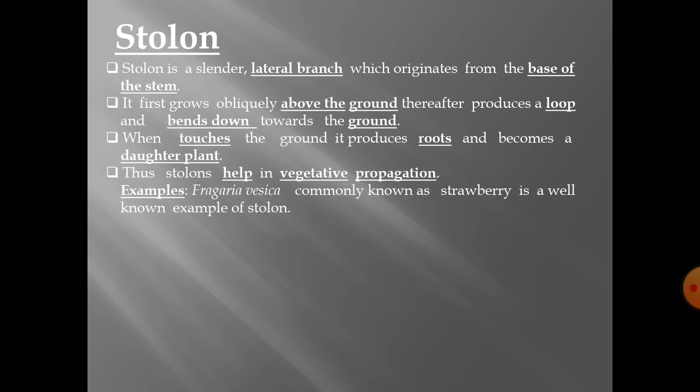Number one, the stolons have comparatively large internodes, and number two, the stolons during growth always make an arc or loop on the surface of the ground, while the runner grows prostrate, that is, lying flat on the surface of the ground during its growth.